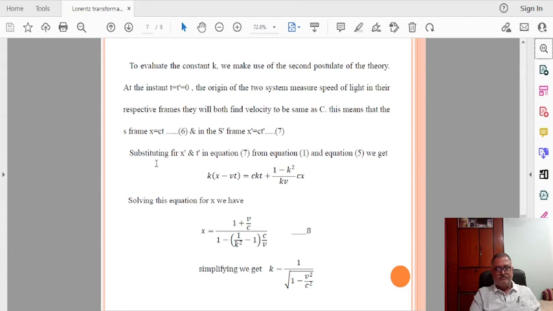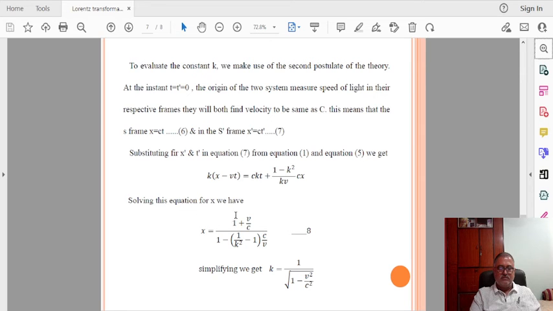Here friends, we will substitute the quantities x prime and t prime in equation number 7 from equation 1 and equation 5. Then here we will get these factors, that is k (x minus vt) equal to c k t plus (1 minus k square) upon k v into c x.